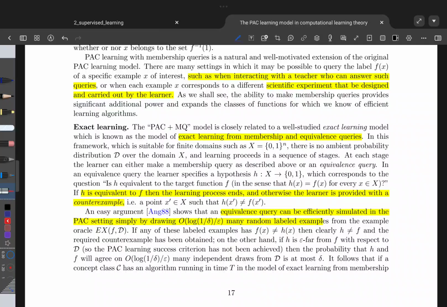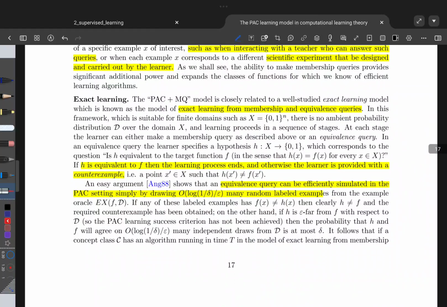But on the other hand, if you are allowed to ask queries, then at most 2 to the n queries are sufficient. Because in principle you can ask, what is the value of f of all zeros, f of 0001, f of 0010, and so on. So with just 2 to the n queries, you can find the function exactly with zero error.